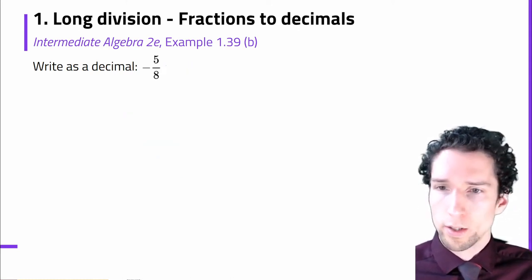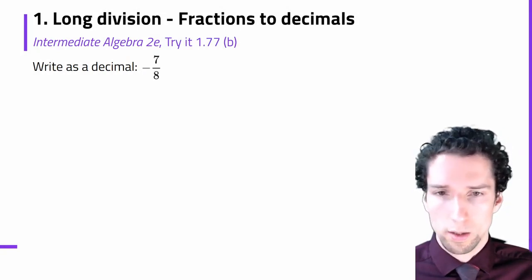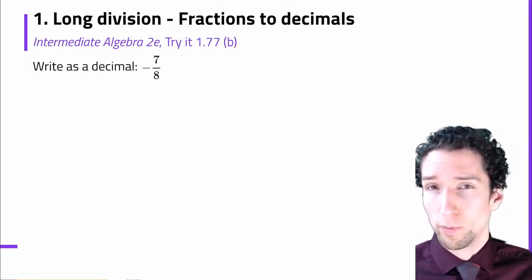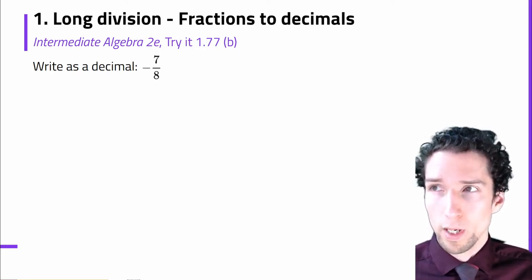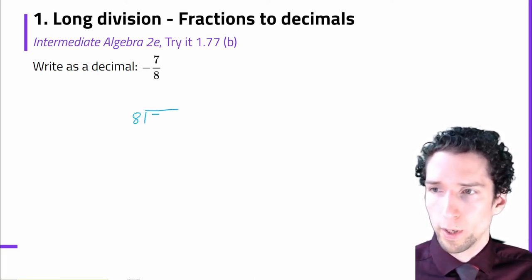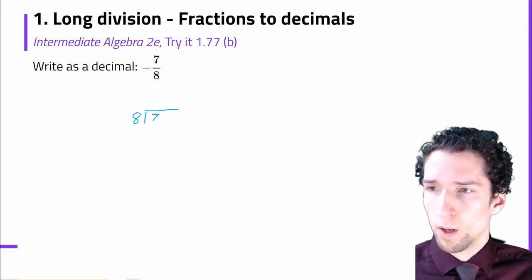All right, next practice will be for me, 7/8. So if you remember the pattern, this will be a three-digit decimal. So 3 decimal places. So this will be 7 divided by 8, and 8 does not go into that. So that's 0.